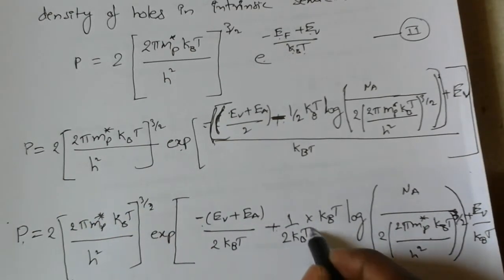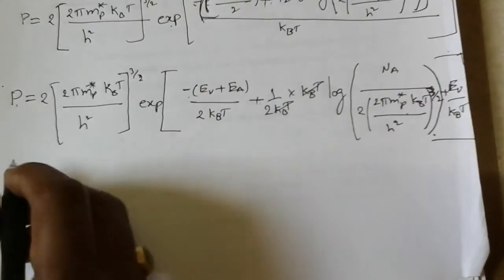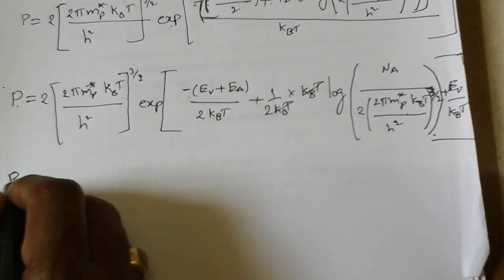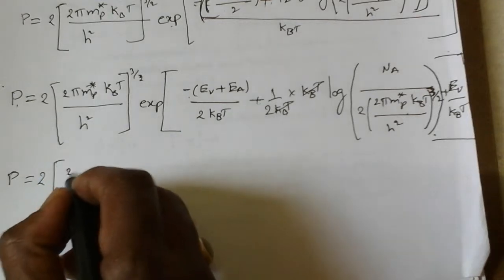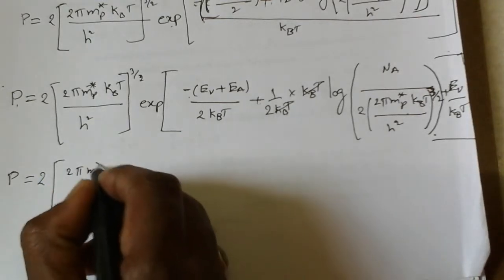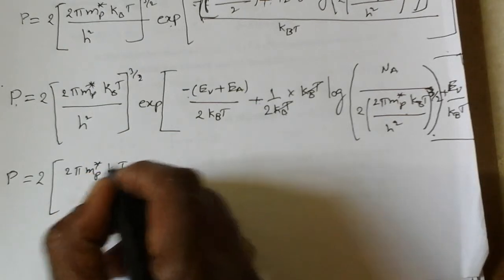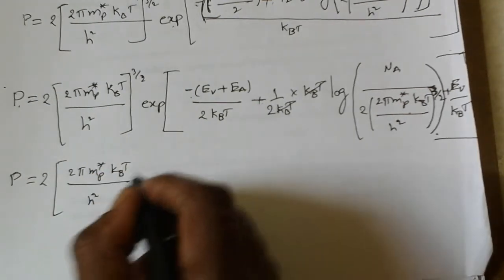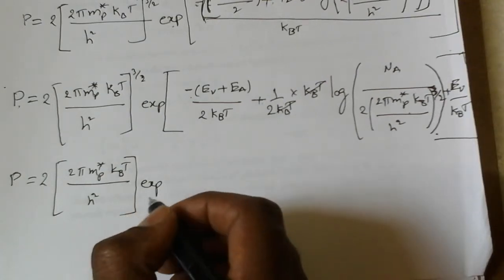Here this kBT gets cancelled. So then P is equal to the same term, 2 pi mp star kBT by h square as it is, exponential.